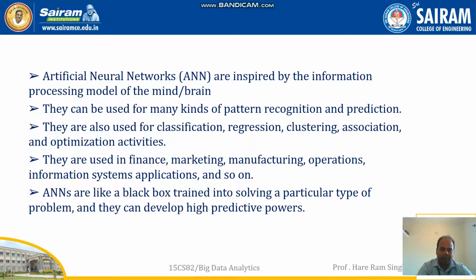ANN are like a black box trained into solving a particular type of problem, and they can develop high predictive powers. So it is a kind of a black box trained in which some input will be given, and inside the black box some data will be processed and it will give the output. This is how it works.